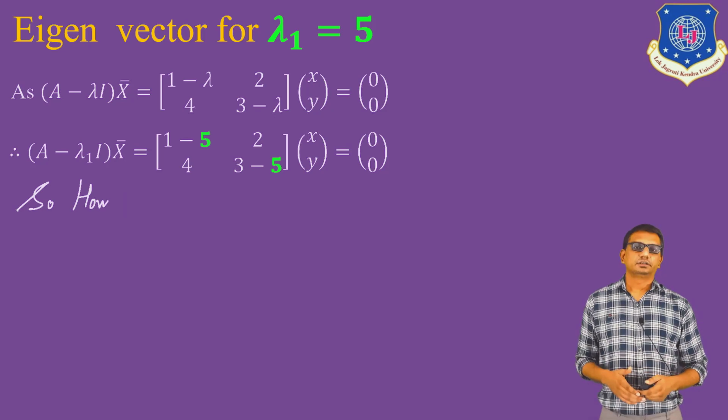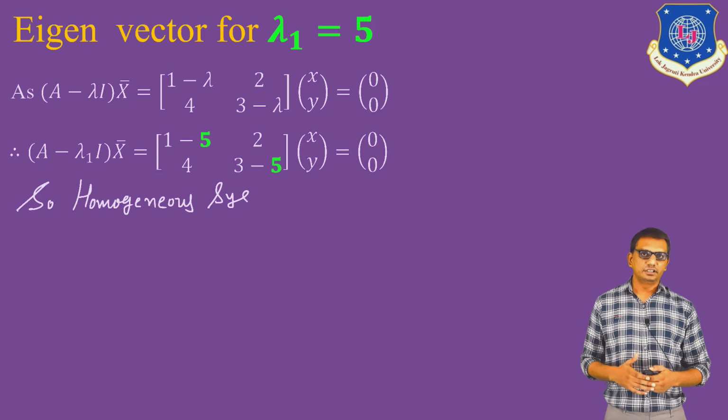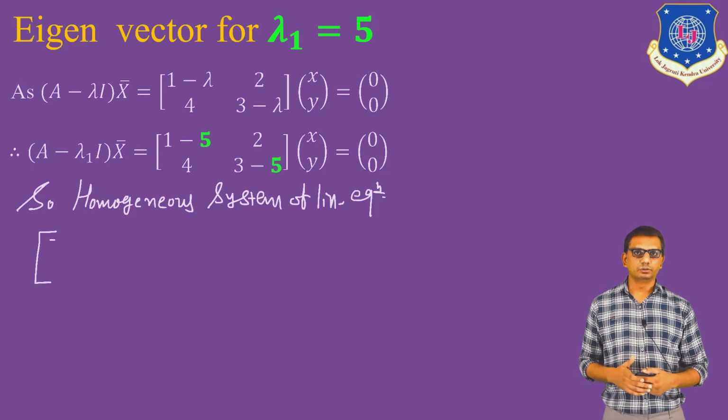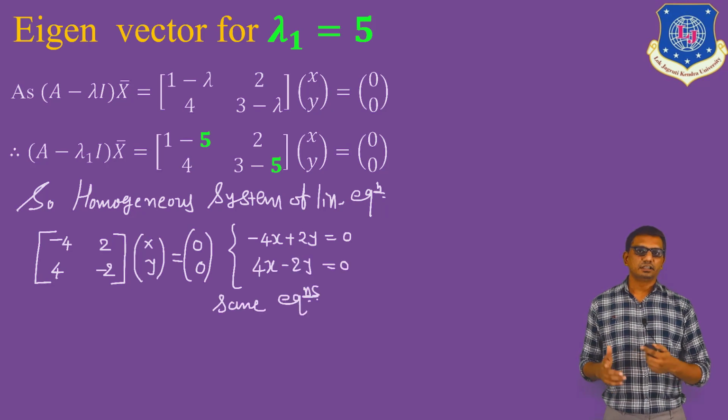Now our homogeneous system is ready, and it is actually [minus 4, 2; 4, minus 2] [x; y] equal to the column vector [0; 0], and that can be written like this.